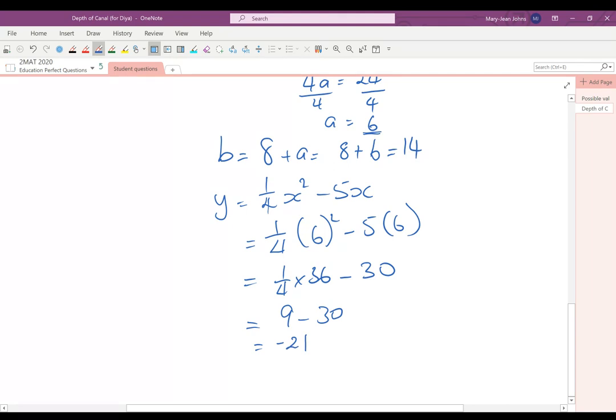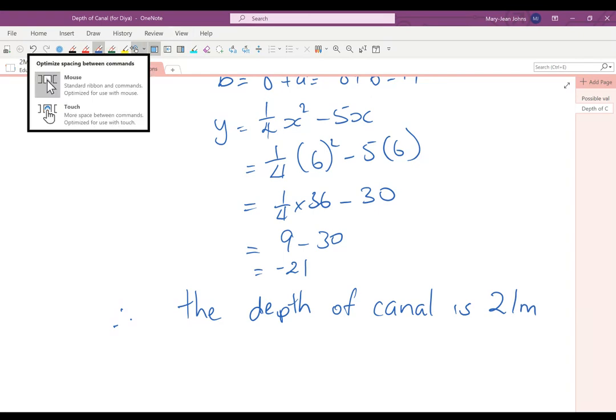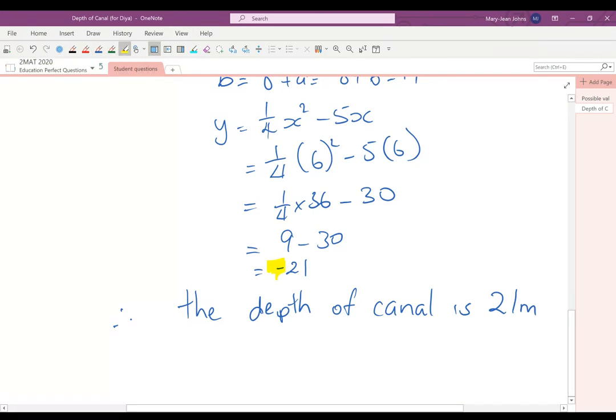Remember that this is an actual depth, so therefore the depth of the canal is 21 meters. And that's what that negative means there. The negative means that I'm down 21, so depth. Okay, hope this helps. Have a nice evening.